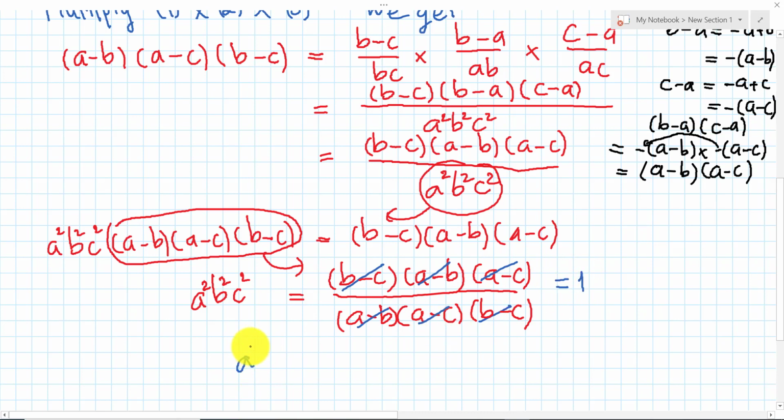So ABC, I can write, all squared equals 1. So ABC equals plus or minus the square root of 1, which equals plus or minus 1.